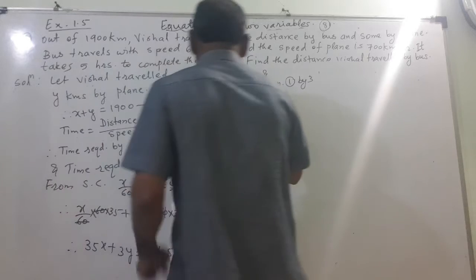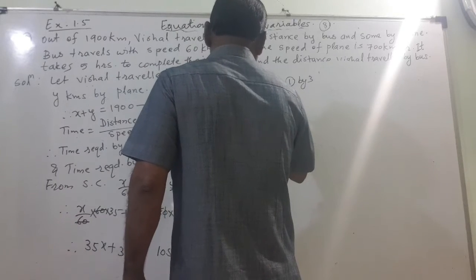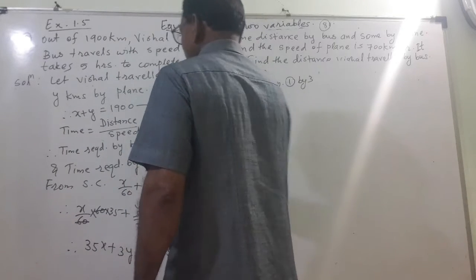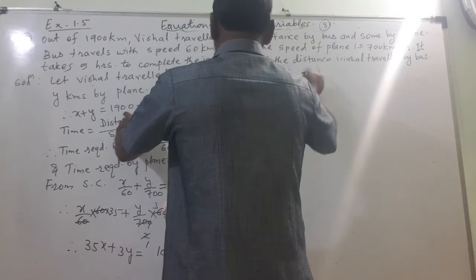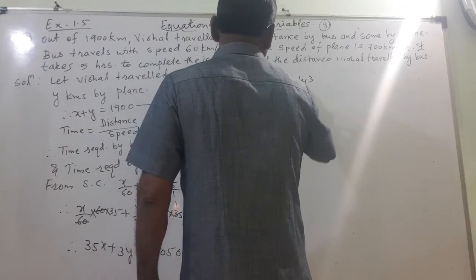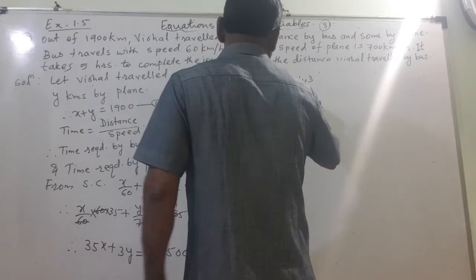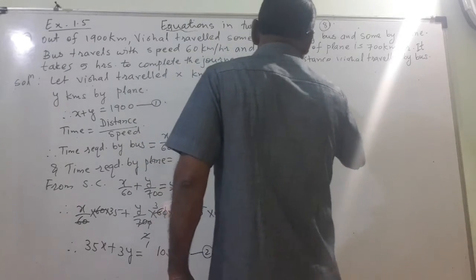Therefore, what will it be? 3x plus 3y is equal to 57, 00, so 5700. This is equation number 3.